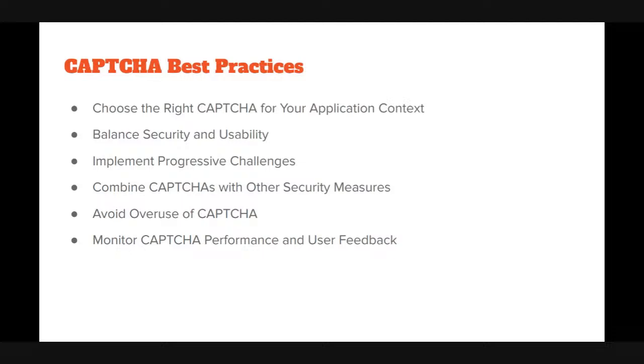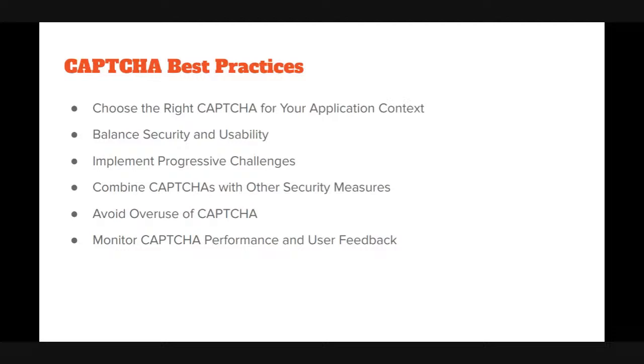We also could consider progressive challenges, like starting with a simple I'm not a robot checkbox, and then adding more complex image or puzzle-based captchas if suspicious behavior is detected. This layered approach minimizes the friction for genuine users, if you are worried about that.